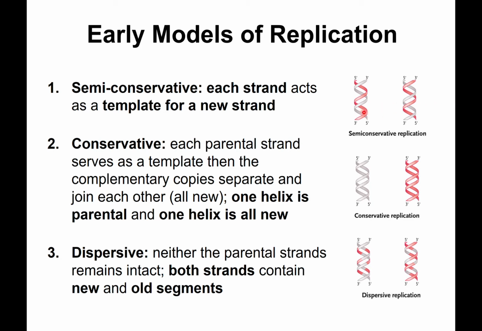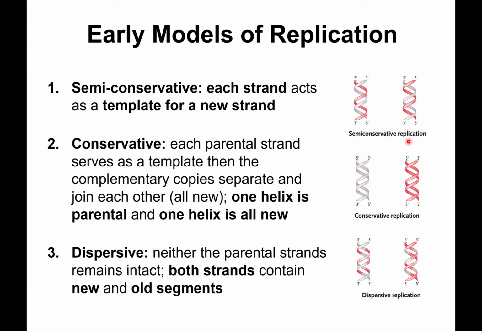The second possibility is a conservative method, where replication happens the same way. Each strand works as the template for the new strand, but now the two new strands, instead of staying attached to the old strand, get separated and put together. So in this case, you would end up having one DNA molecule which corresponds to the old one, conserving the old one, and then a completely new DNA molecule.